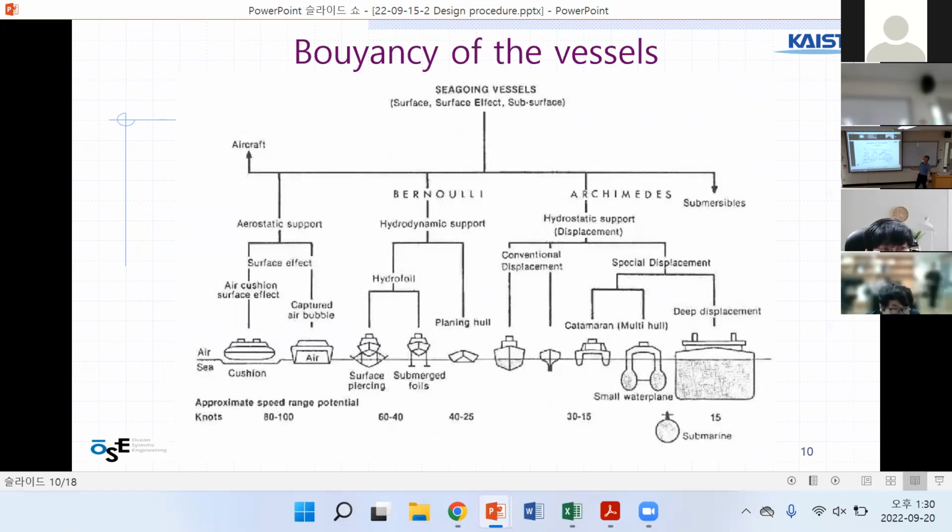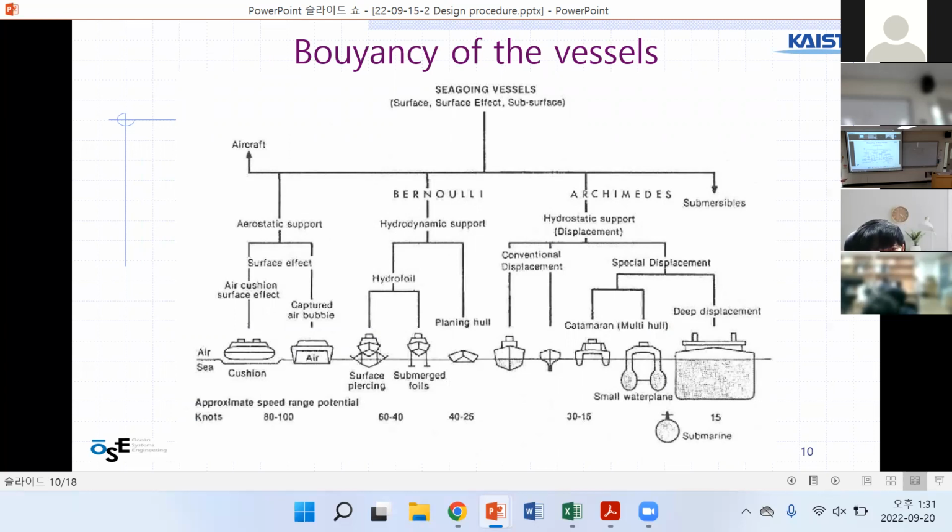So, buoyancy of the vessel: how do you get buoyancy? Displacement, static, right? So you get a displacement shape, hydrostatic support, Archimedes. And there is a catamaran, we call it a twin hull, and submarine is here. And conventional displacement. This is a very typical one.